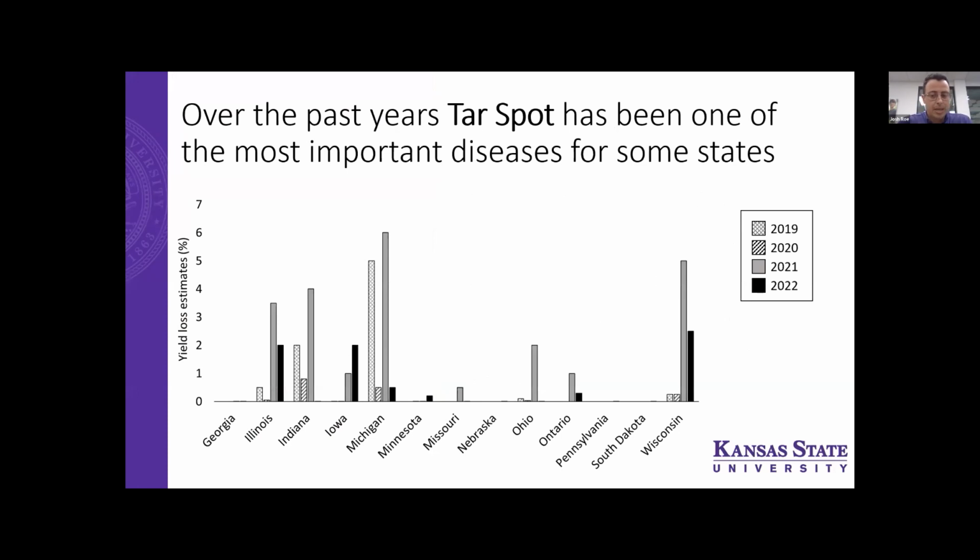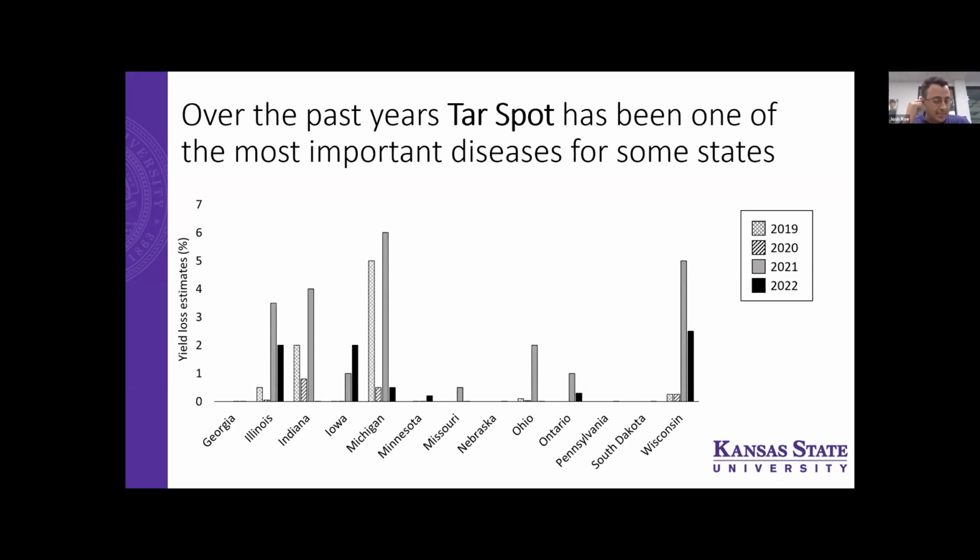I put together some of the states that have had tar spot in the last 4 years. As you can see, Illinois, Indiana, Michigan, and Wisconsin, I would say, are the 4 states that have had major problems with tar spot. Those bars are basically the yield loss caused by tar spot alone across the state. So 6%, for example, in 2021 in Michigan is pretty significant for the state.